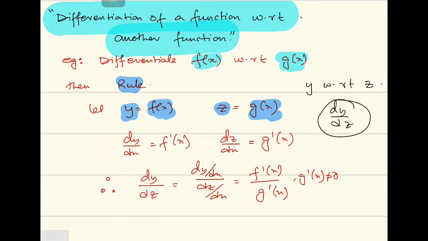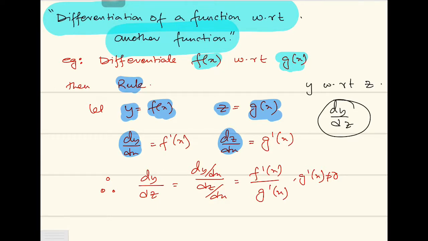This is not possible to do directly. Like in parametric, we have two functions. Whenever we have two such functions, we do the same as with parametric functions. We differentiate each one of them with respect to x. So first we differentiate y with respect to x, dy by dx, and next we differentiate z with respect to x, that is dz by dx. Then ultimately we combine them.